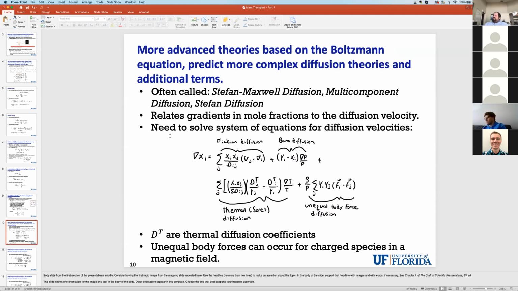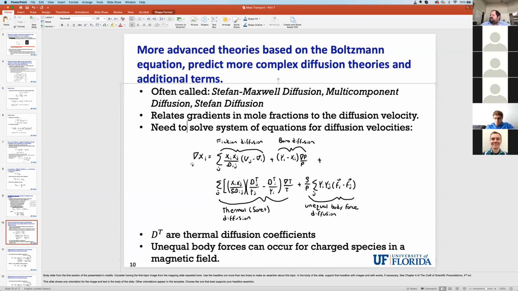Essentially, what this theory does is relate gradients in mole fractions to the diffusion velocities. And so here is the final nightmarish expression if you want to use the full Stefan-Maxwell formulation.